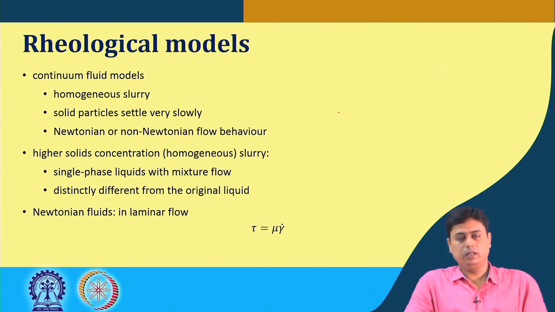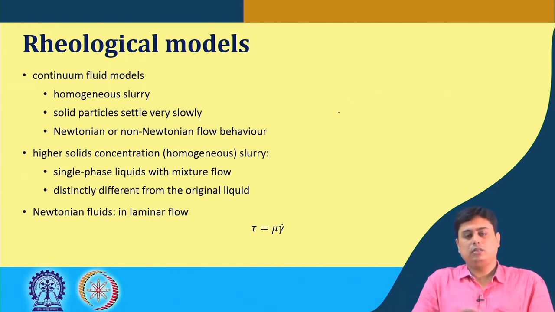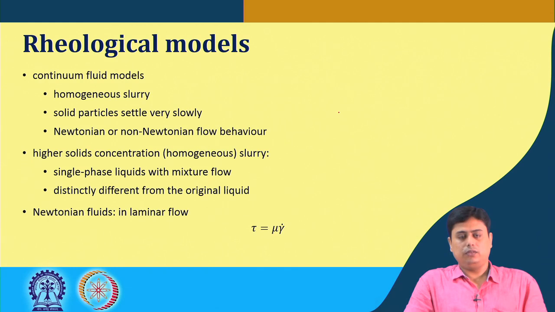Homogeneous slurry is one of the extreme or limiting cases of slurry transport, because in this case all the particles are suspended and never settle. Basically it has a uniform concentration gradient that doesn't change in the direction of the flow as well.